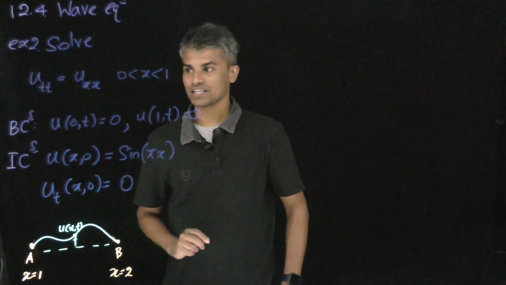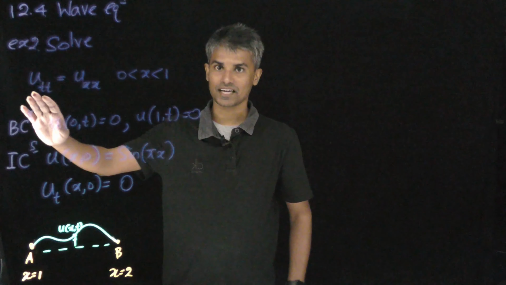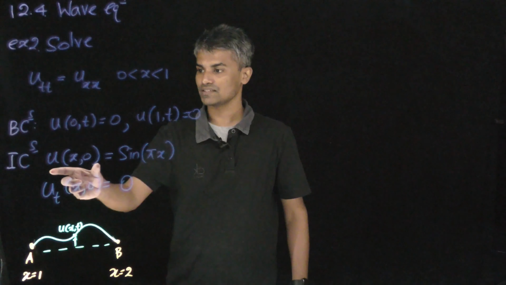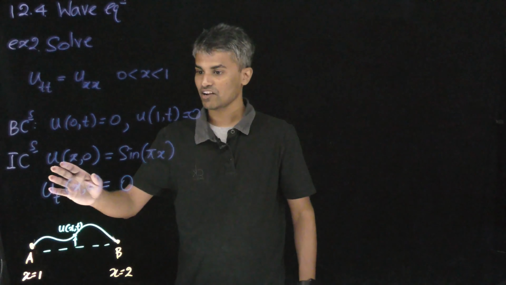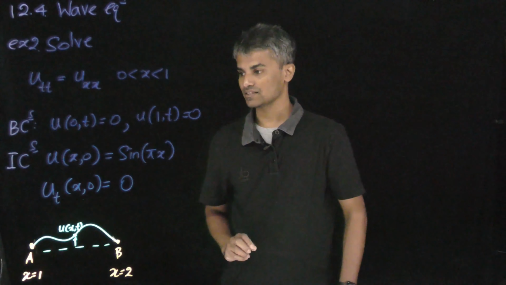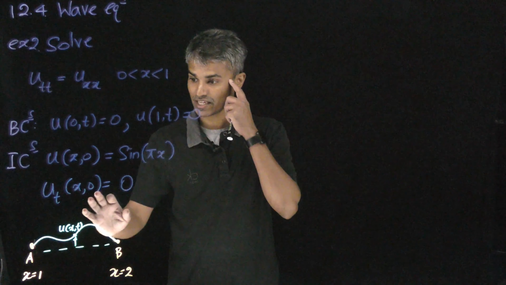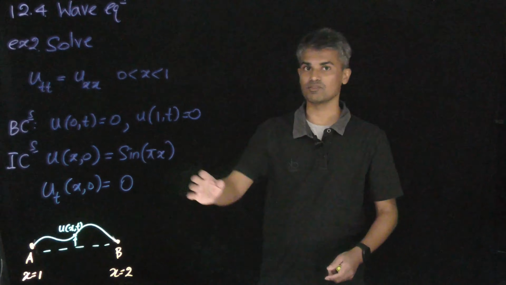And we have two initial conditions because this is second order in time, so we need two initial conditions. One initial condition says when time t equals 0, the profile of the wave equals sin pi x, and the second initial condition says when time t equals 0, the initial velocity of the wave equals 0.